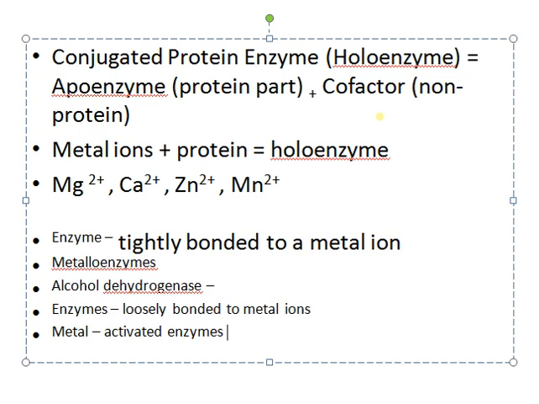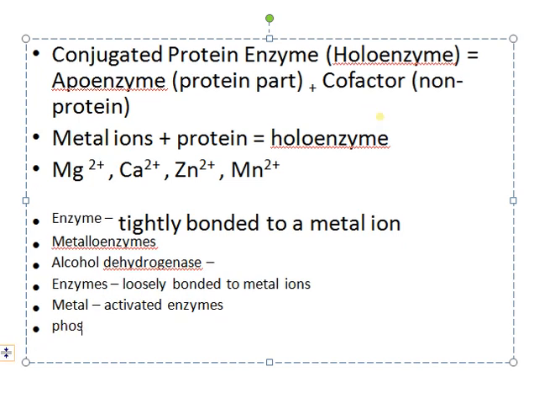An example for this is phosphofructokinase. Next, in most cases, cofactors are inorganic in nature, they are metal ions.